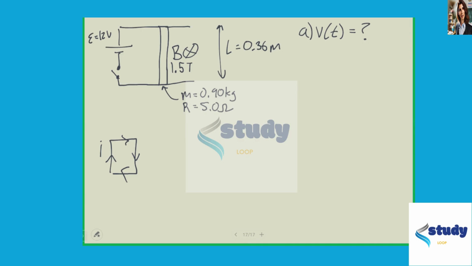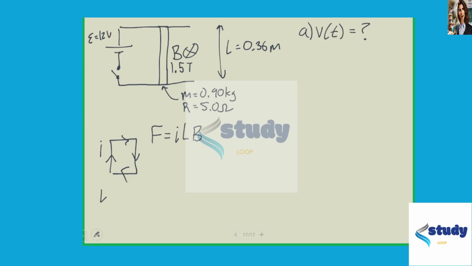But if you have a current carrying wire in a magnetic field, it feels a force. And that force is ILB when the current and magnetic fields are perpendicular. And you can see that they are because the current is straight down and the magnetic field is straight out. What's the formula for this current?